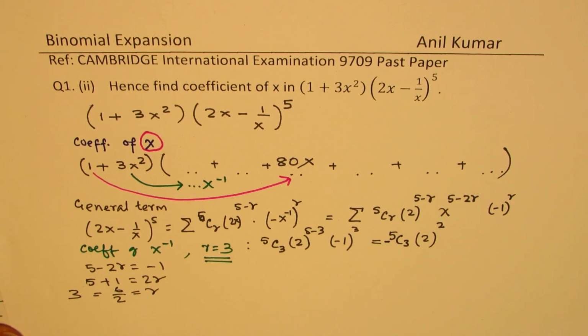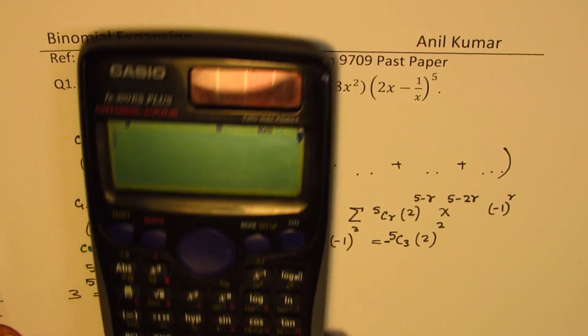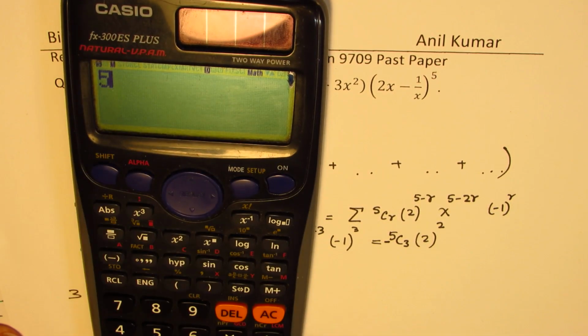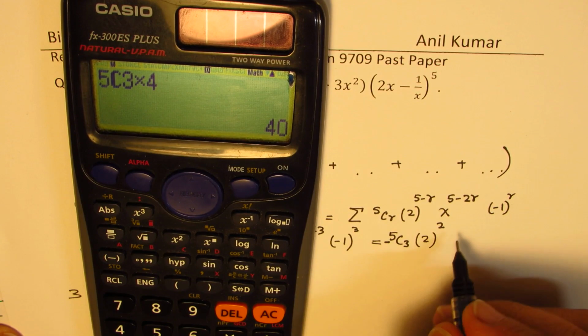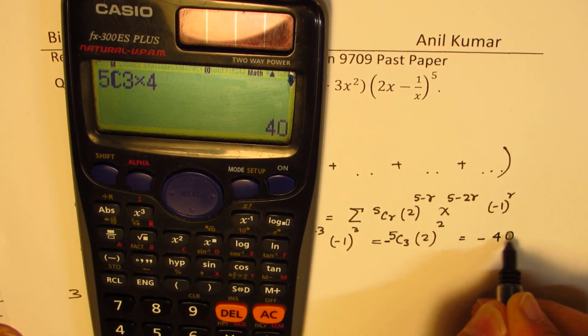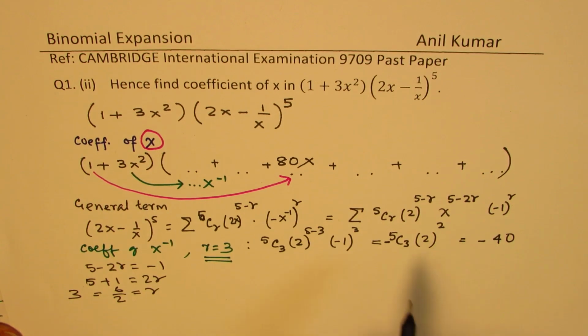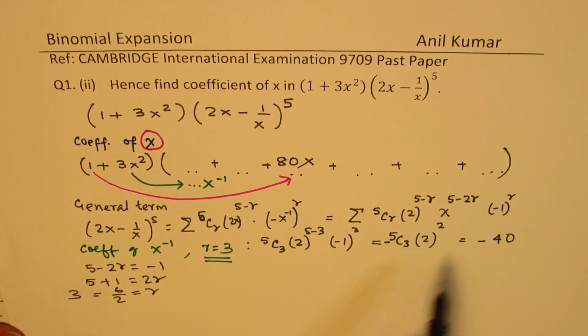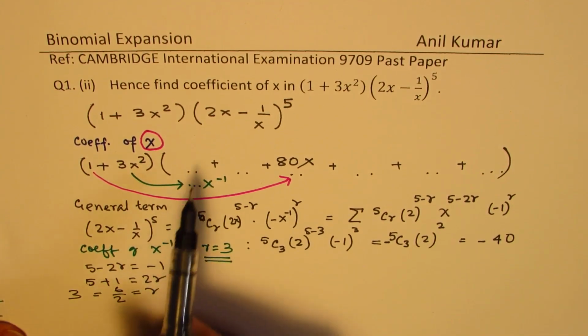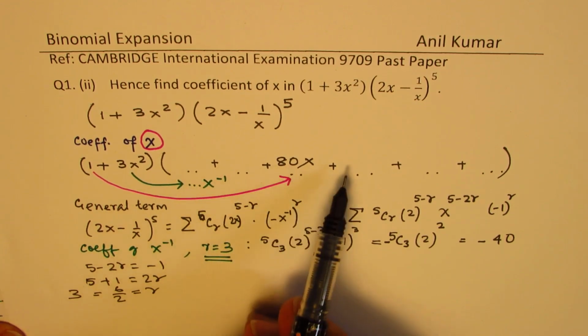Okay, so let's figure this out. We have 5C3 times 4, which is 40, negative 40. Clear? So that is the other term, negative 40, which is for r equals 3. So r equals 0, 1, 2, 3.